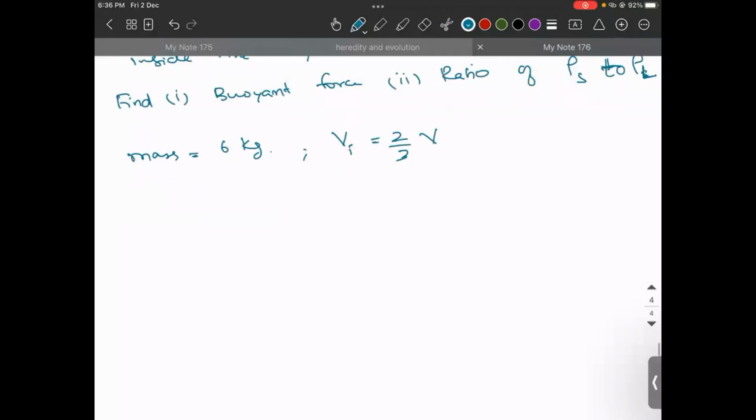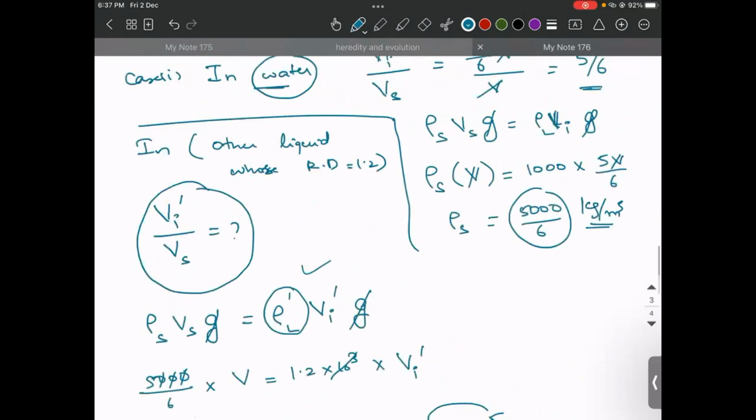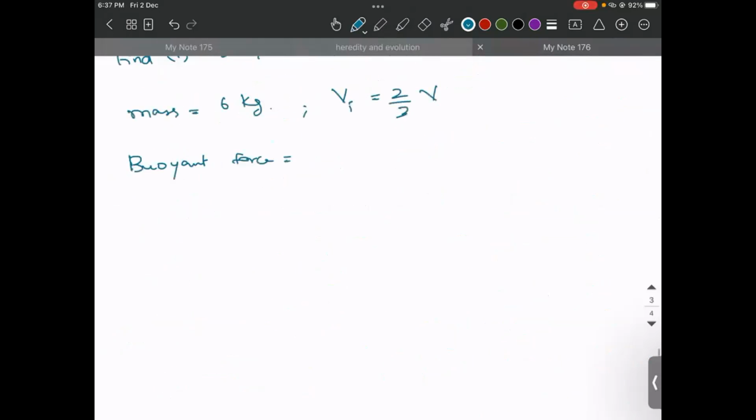So what is the formula for buoyant force, guys? mg. No. Buoyant force I already gave you, no? Everywhere we are applying the formula. It is the density of liquid times volume of immersed portion of solid times g.